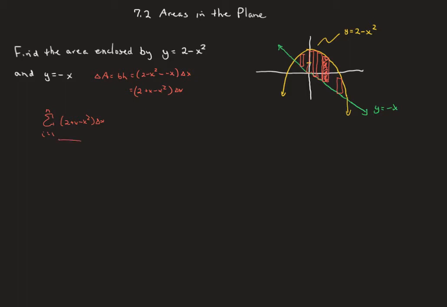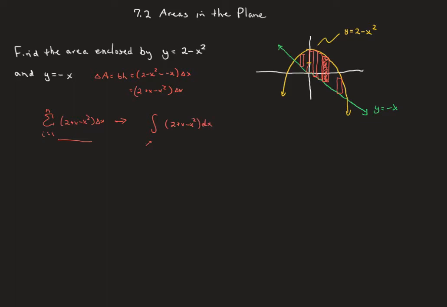You don't have to write this step out; I'm just doing it in this one case. From there, we imagine as the delta x's go to 0 that it becomes an integral. We have to figure out what the limits are, and our integrand is going to be 2 plus x minus x squared, and the delta x will become a dx.